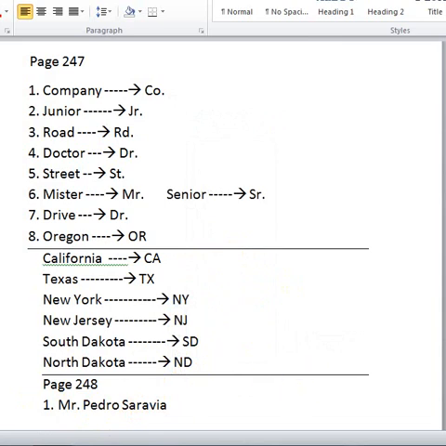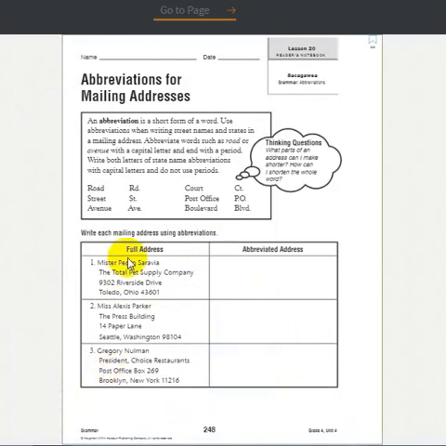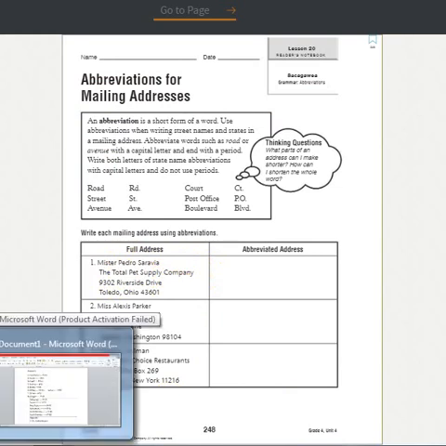Let's keep on going. We've got over here now the Total Pet Supply Company. So we're going to change only what company and do it to what, CO period, right? The Total Pet Supply Company.